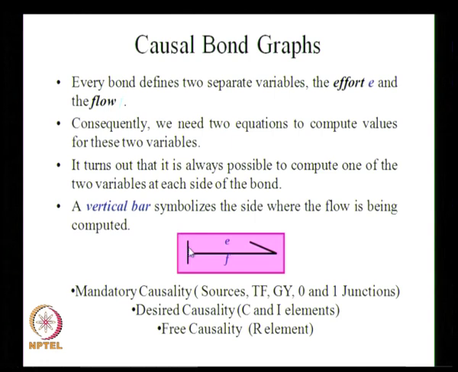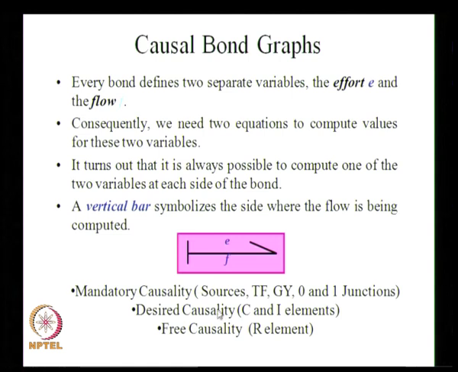So here you can see that a vertical bar is shown to show the causality. Wherever this vertical bar is shown, it shows that the flow is calculated on that side and effort is coming on the other side. That is the representation for the vertical bar or the causality of the bond.